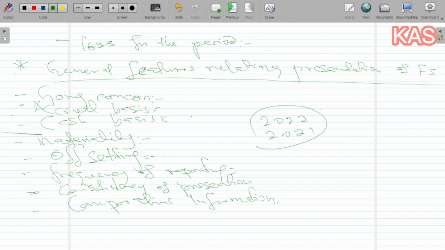So we are now going to look at components of financial statements.